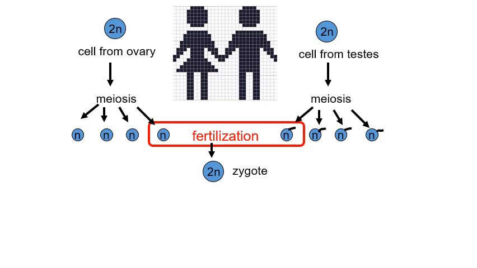A zygote is now a genetically unique organism with 2N chromosomes. So would this be a gamete or a somatic cell? Somatic cell. This is now the first cell of a new organism. Now this cell is going to have to grow through what process, meiosis or mitosis? Mitosis, to make a whole new organism.